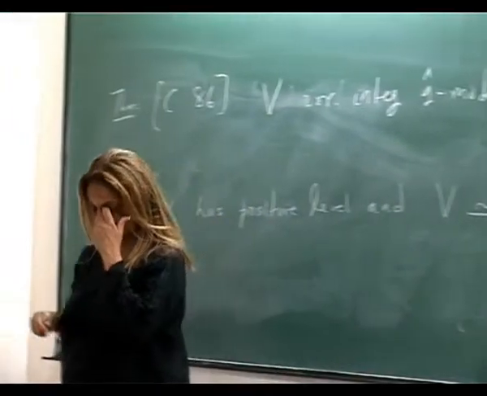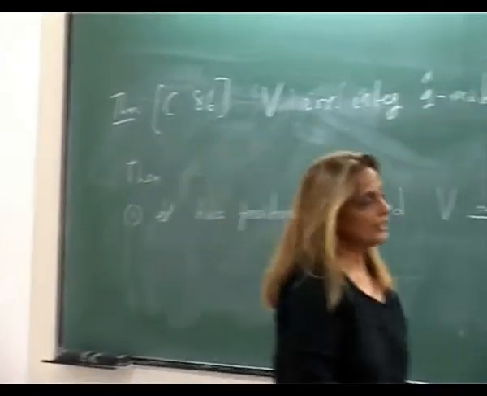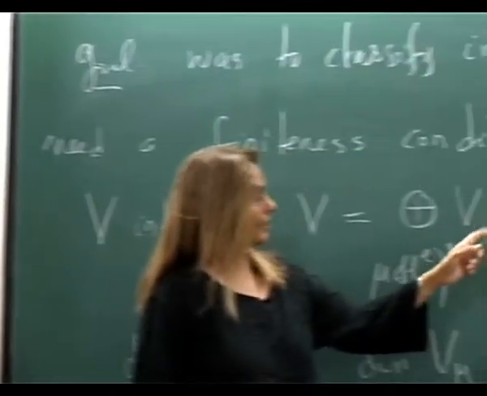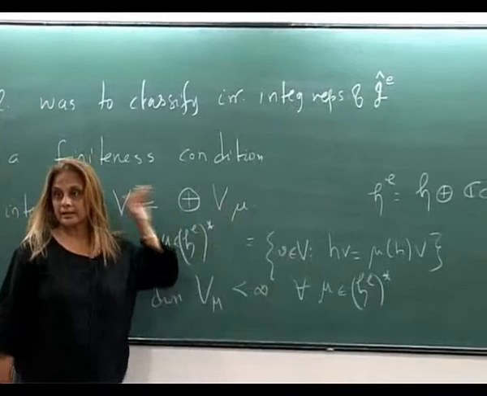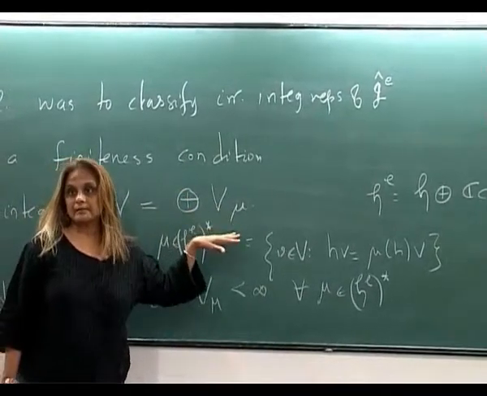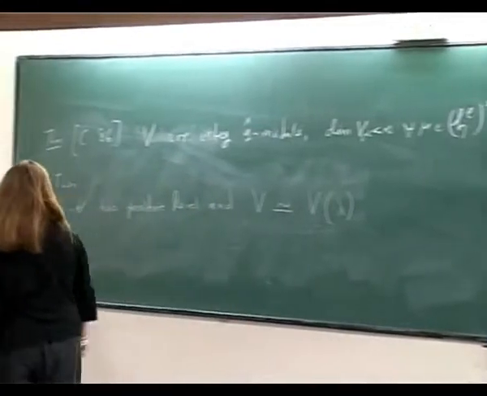Okay. So if you have an irreducible representation, and you have this condition, then it's clear that c acts by scalars on the whole thing because it's irreducible. Schur's lemma tells you that it acts by a multiple of the identity. So it has either positive level, negative level, or zero level.